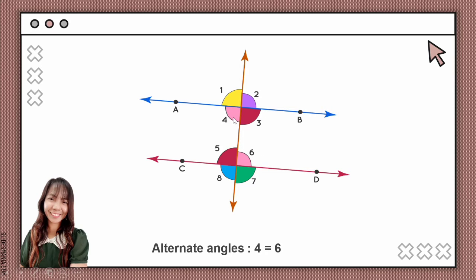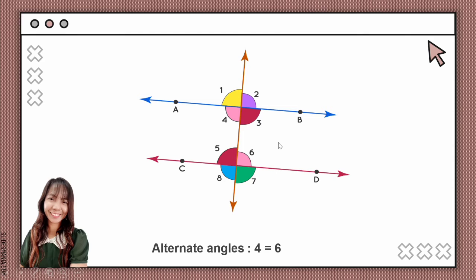One angle is on one side and the other angle is on the opposite side. Angle 4 here, the color pink, and angle 6 on the opposite side. This is why it's called alternate, because it's on different sides.